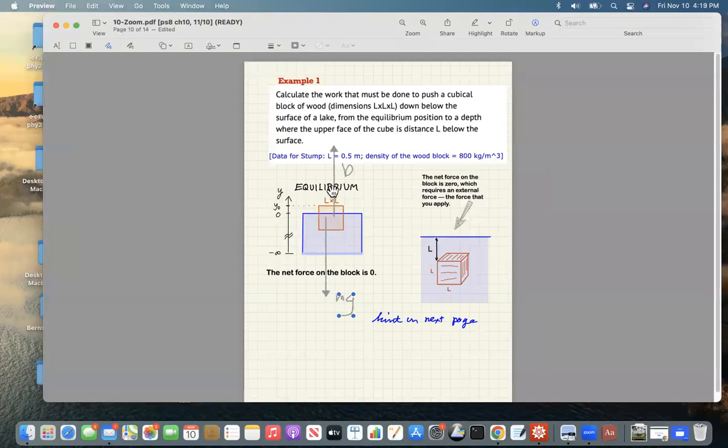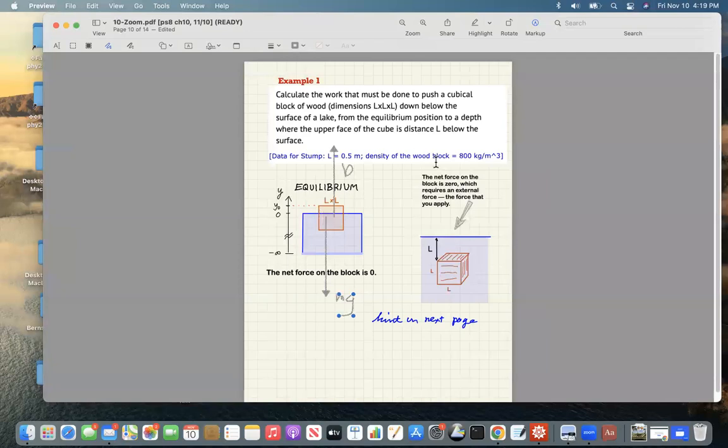The block is floating there in the water, so it's displacing an amount of water equal to this volume, a fraction of its volume. And the weight of that amount of water is the upward force on the block, according to Archimedes. All right, so that's how we start.